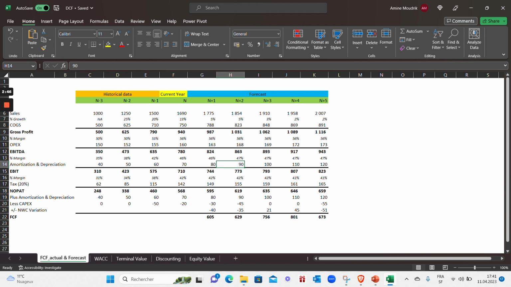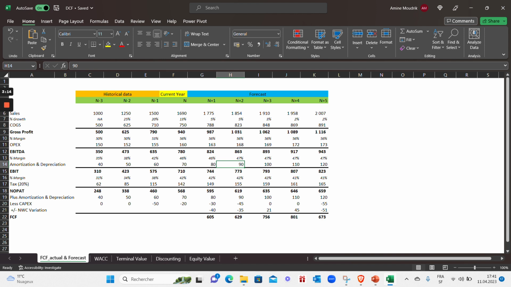As you can see, we take historical data, usually 3 prior years. Those will help us to define the trends of sales as well as our margin. Usually, to calculate our forecast, we need to understand the company's business model, the industry it operates in, the competition framework, and the macroeconomic conditions.